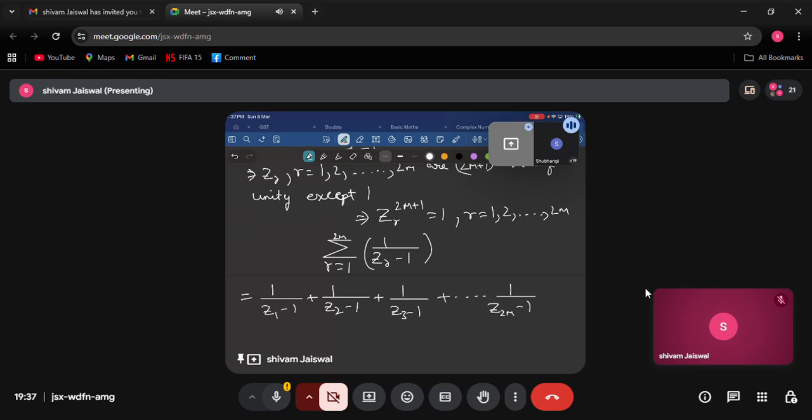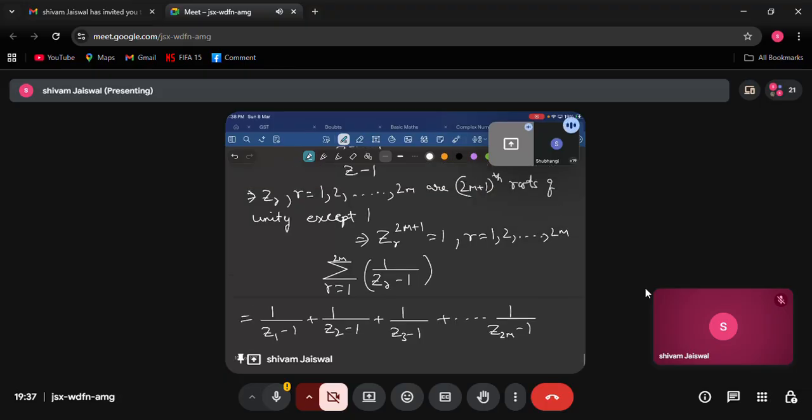So what I'm going to do is, I'm going to create z to the power 2m plus 1 somehow. Also you see, since these are 2m plus 1 roots of unity, can I say that let z1 is equal to alpha, then z2 is equal to alpha square? Tell me.